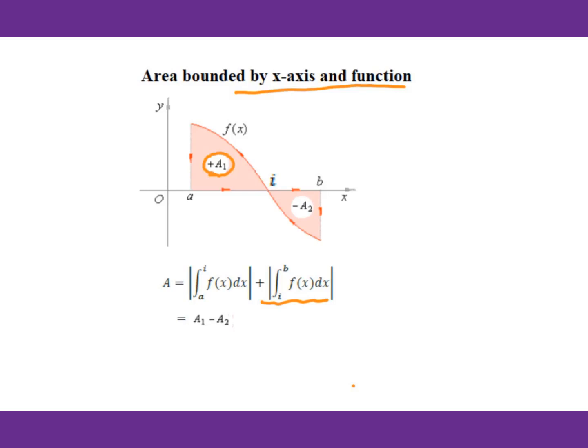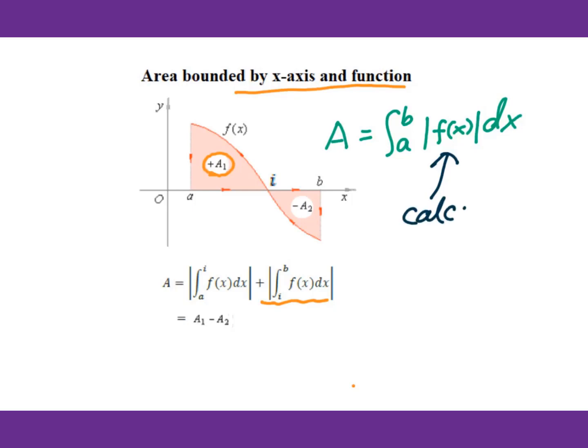If you put this into a graphing calculator, you can get the area equals the definite integral of the absolute value of f of x from a to b. This formula is very useful when you use a graphing calculator.